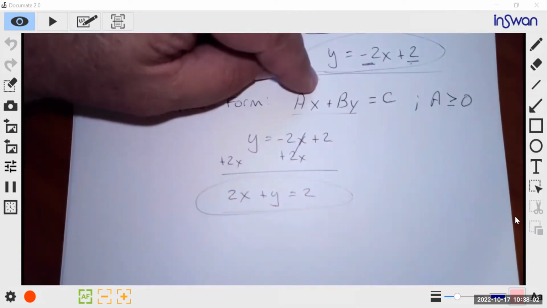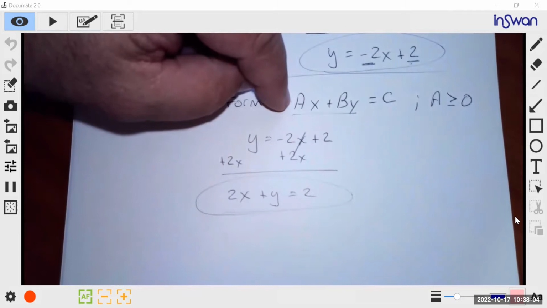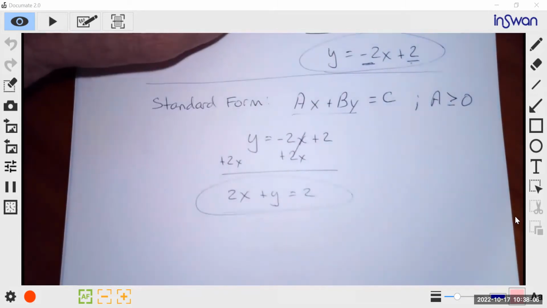And you don't want fractions. A and B are integers, no fractions.